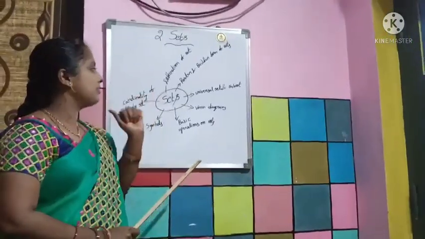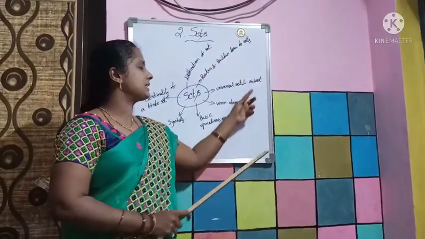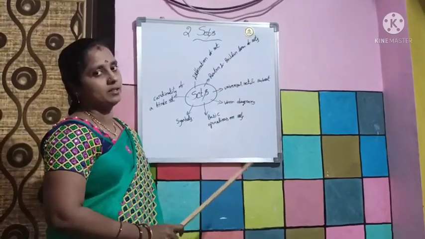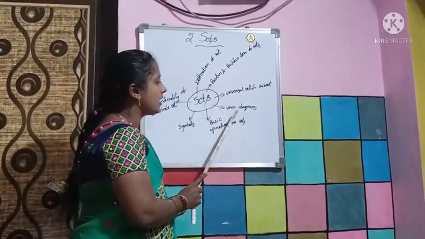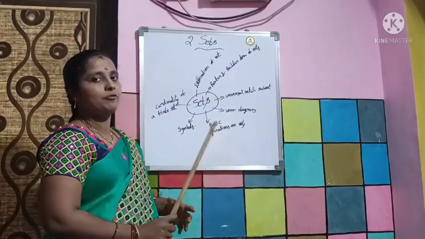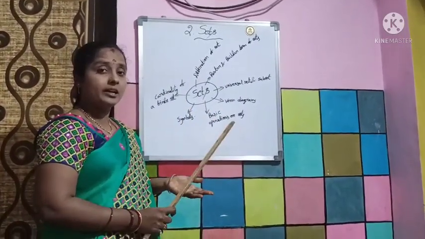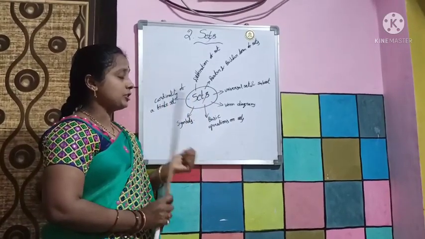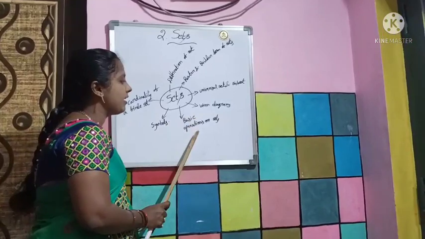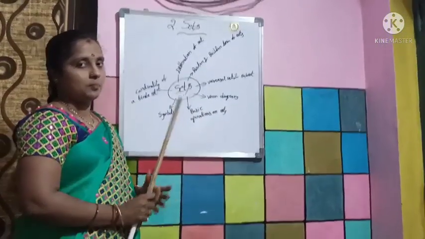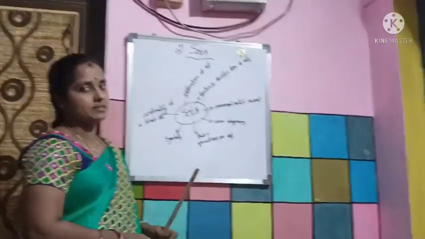Next, we learn the universal set and subset. Next, we learn the Venn diagrams. How many Venn diagrams? Which type of Venn diagram is important? Next, basic operations on sets.